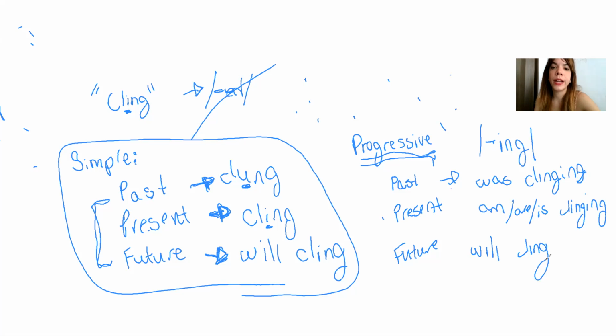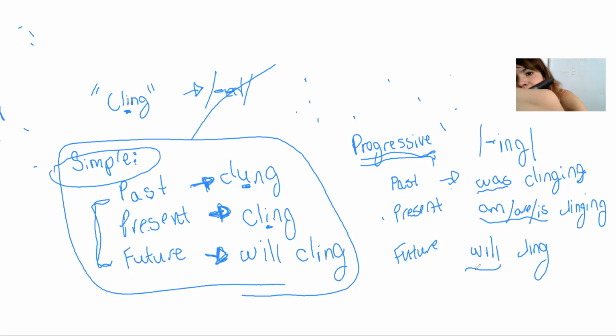So notice how it truly affects simple tenses, but for progressive tenses, you need your auxiliary verb. So your auxiliary verb is a form of be plus a verb conjugated for ing that indicates progression.